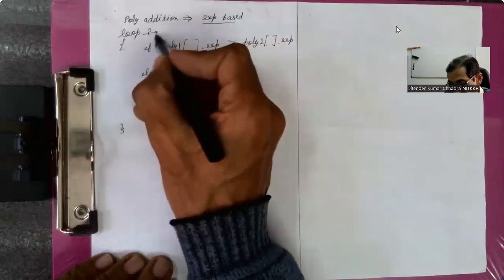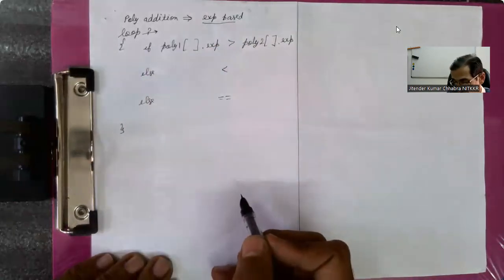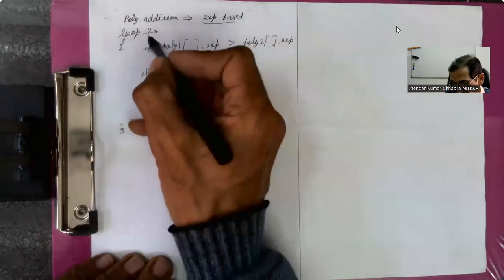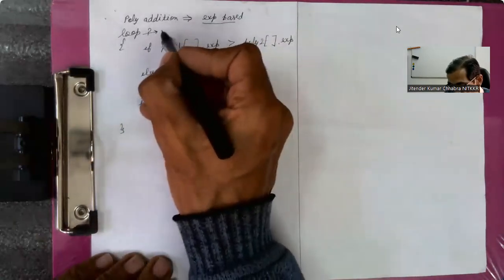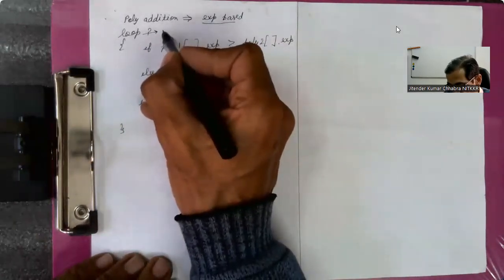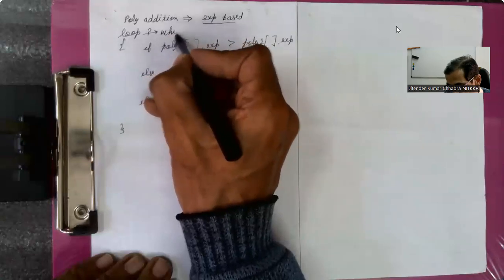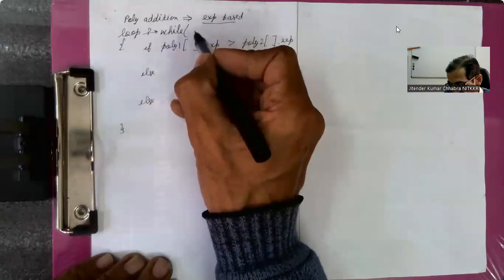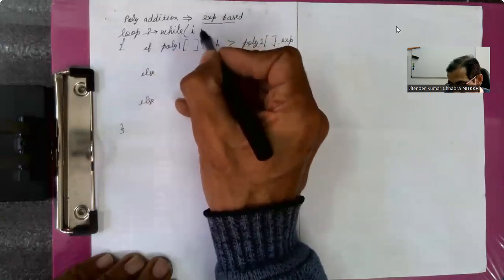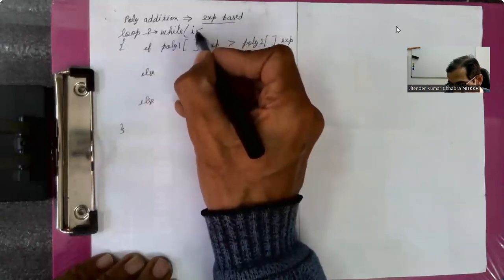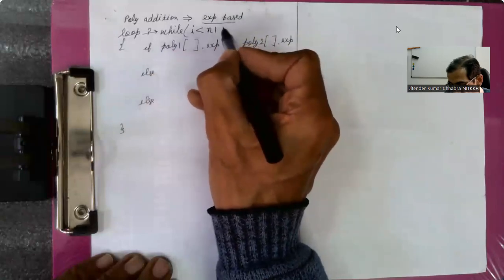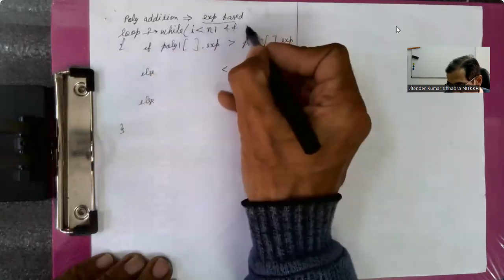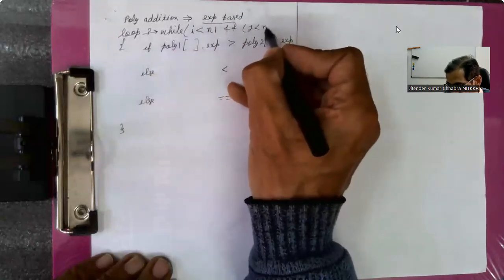And the loop should run till both lists are non-empty. So how to have that? What should be the loop? Probably now you have understood that I need a while loop because I don't know how many times I am going to repeat. Both lists non-empty means, if I am using the i variable, i is less than n1, and similarly j is less than n2.